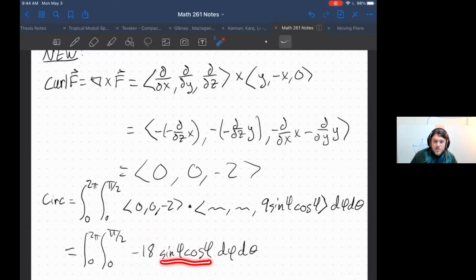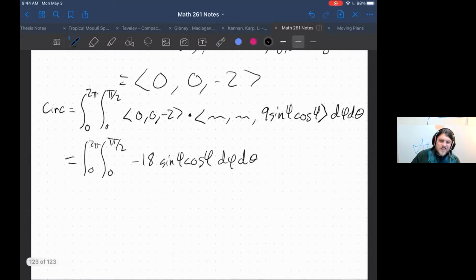But here you get a u substitution, right? You can pick u equal to sine or u equal to cosine. It turns out it really doesn't matter. But if you pick u equal to sine, then du is equal to cosine d phi. So you get a u substitution here. Since this is not on a loop, you can do this as kind of normal.